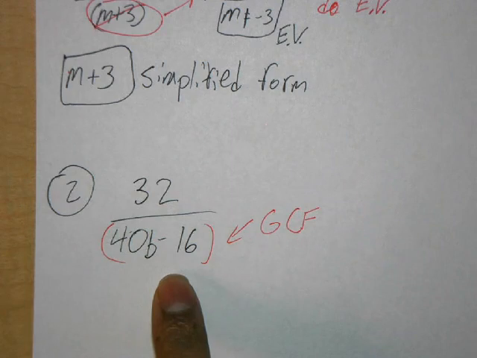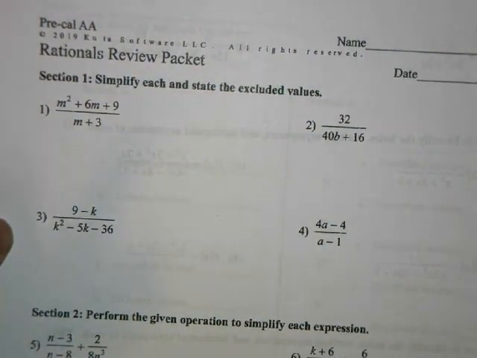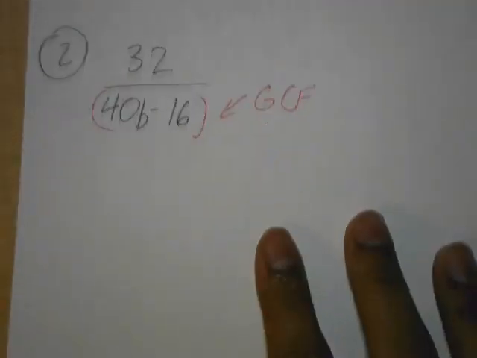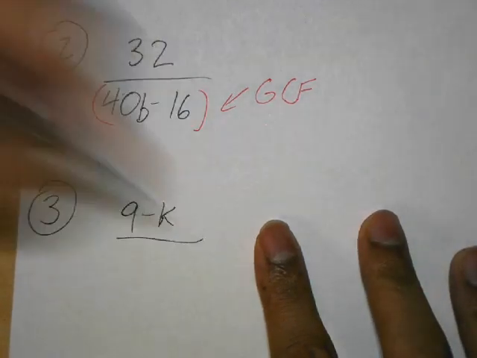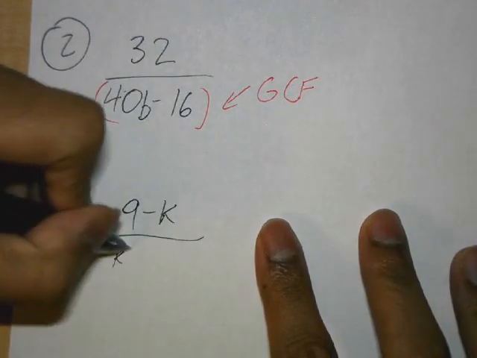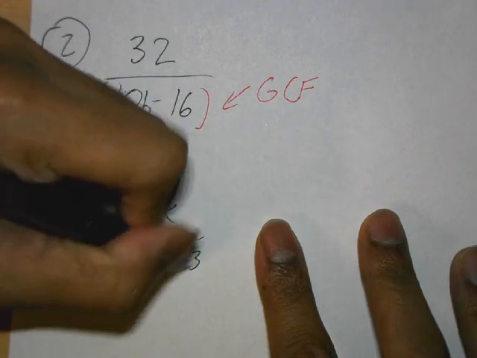All right, and I think the biggest hint is going to be for number 3, the one that's 9 minus k. So number 3, we've got 9 minus k over k squared minus 5k minus 36.